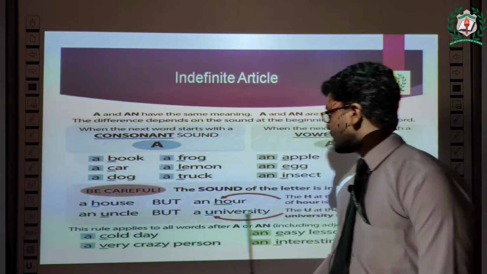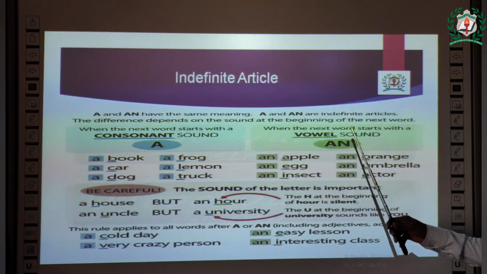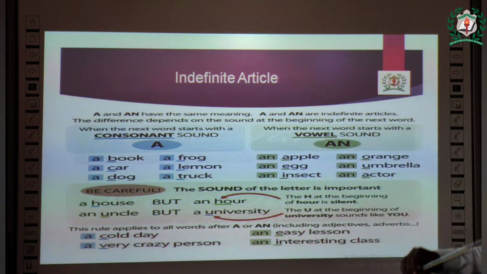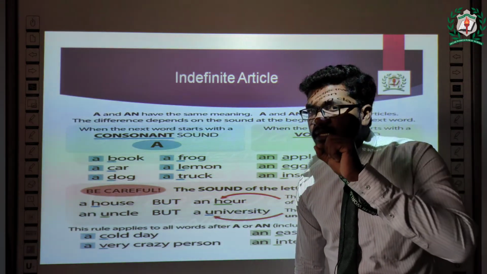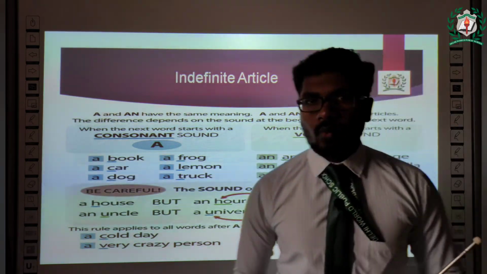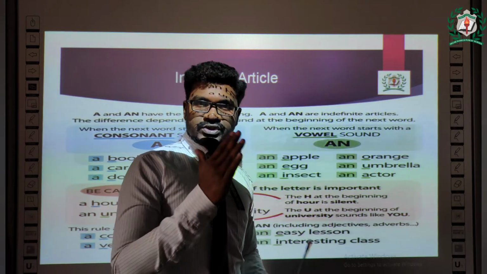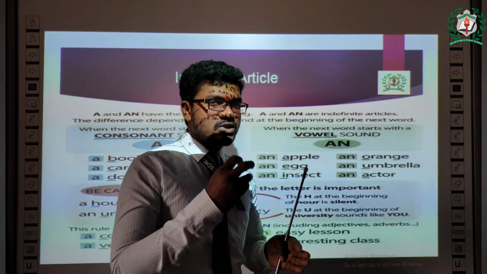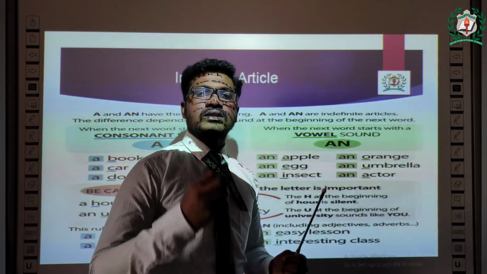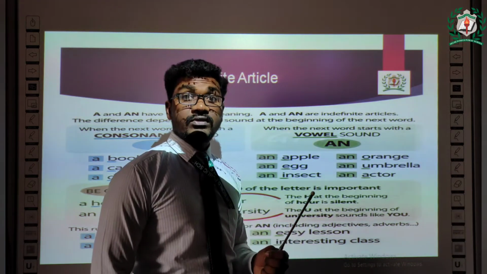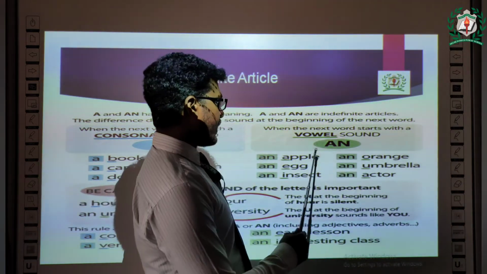Now, when the next word starts with a vowel sound. What is a vowel? A, E, I, O, U. For a word which starts with a vowel sound, we will be using "an".